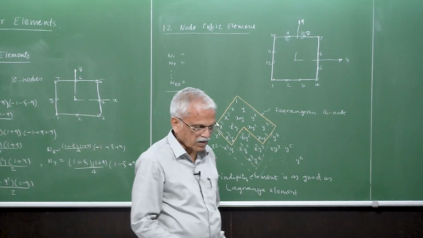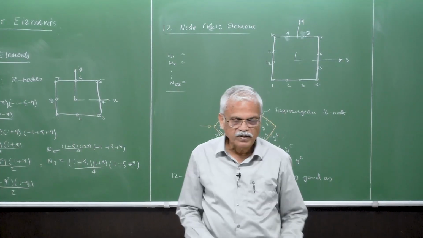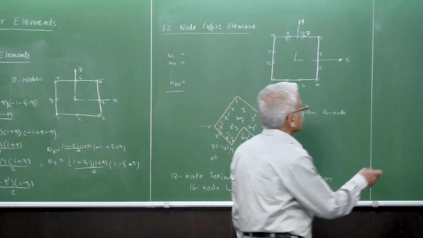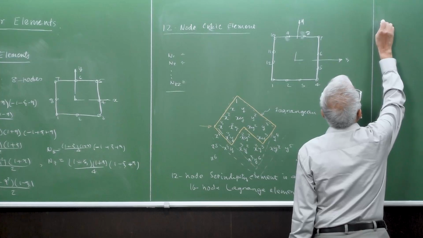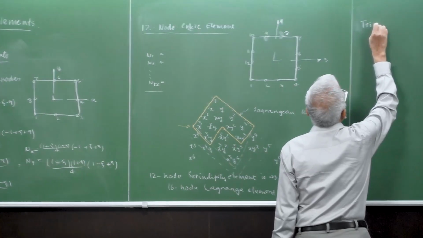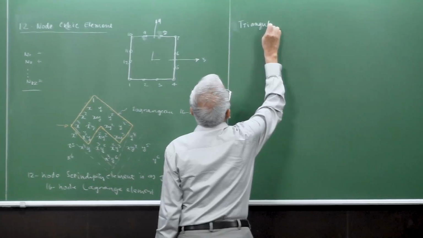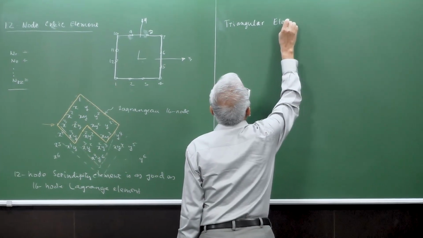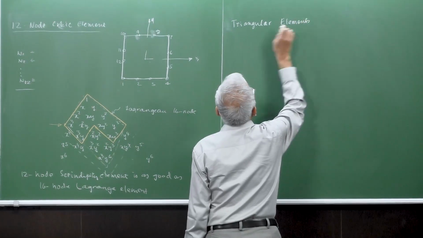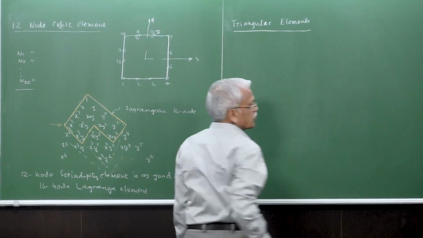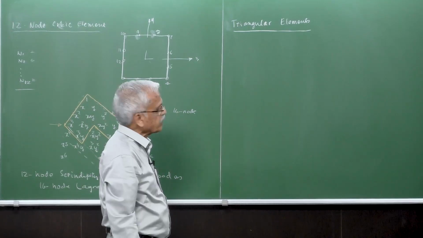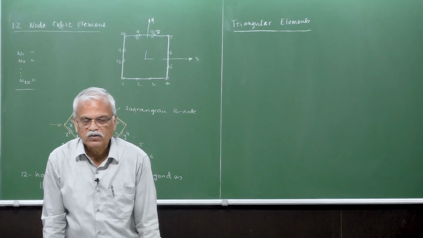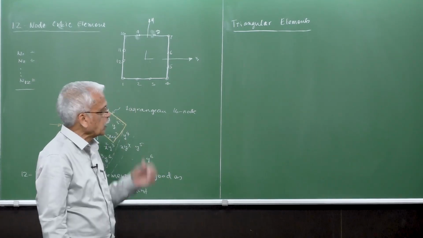Okay, so now there are another very popular elements, which are the two-dimensional triangular elements. So in the triangular elements, what we had used was the triangular element with 3 nodes, which was linear in nature, right?